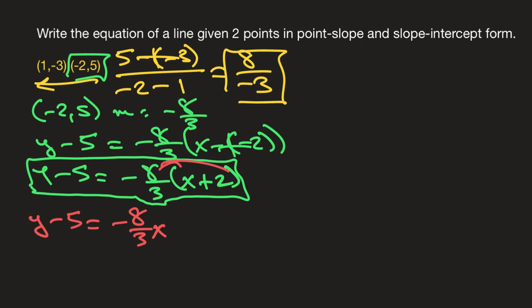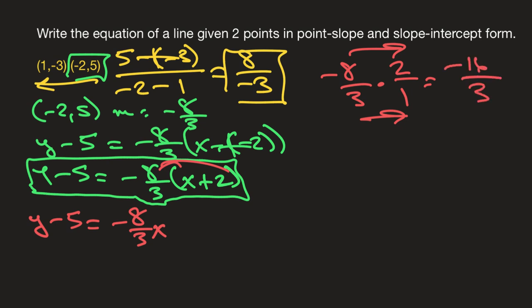If we multiply a fraction to a whole number, I would recommend that you make the whole number a fraction by placing it over 1. And then it's across the top, across the bottom. -8 times 2, -16. 3 times 1 is 3. -16/3.